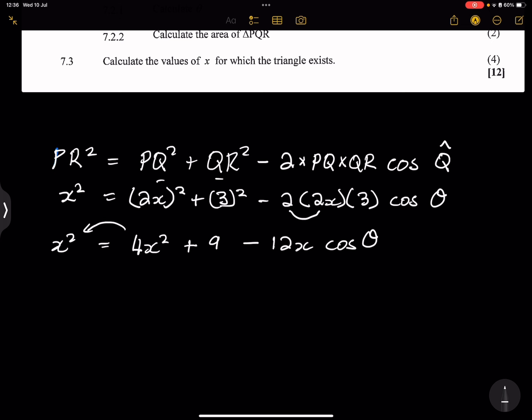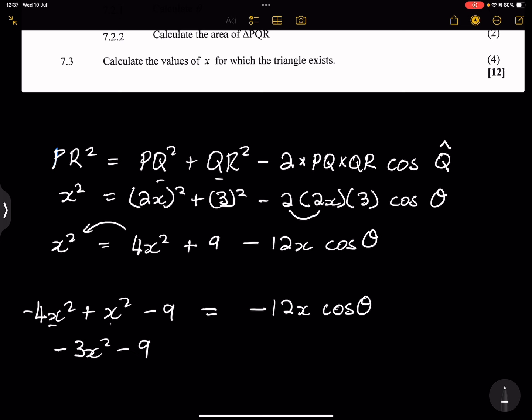If we bring the 4x squared to the other side, so we've got negative 4x squared rather, plus x squared minus 9 is equal to negative 12x, the cosine of theta. Right, so of course minus 4x squared plus x squared gives us negative 3x squared minus 9.